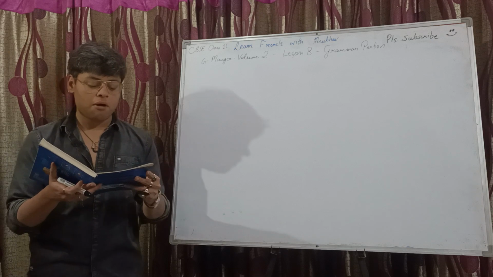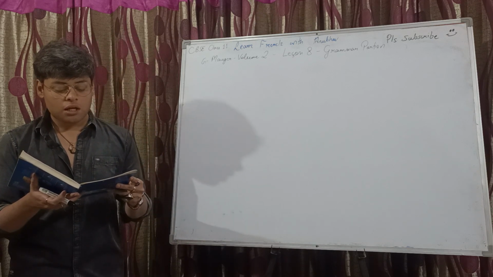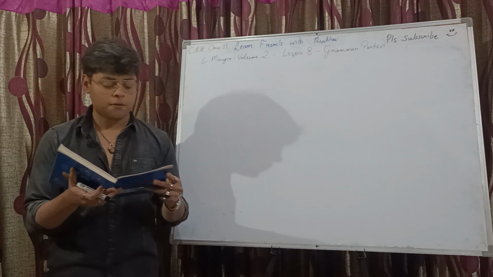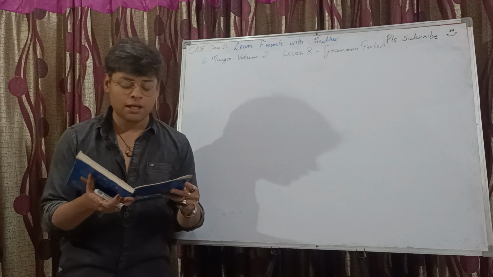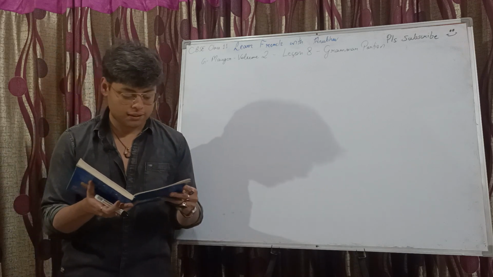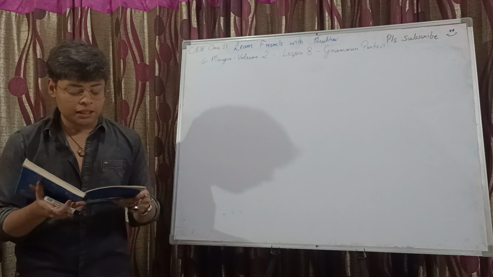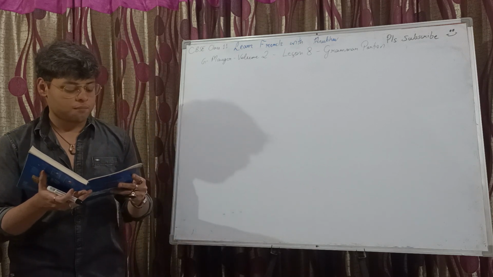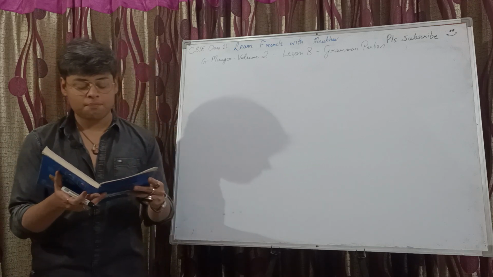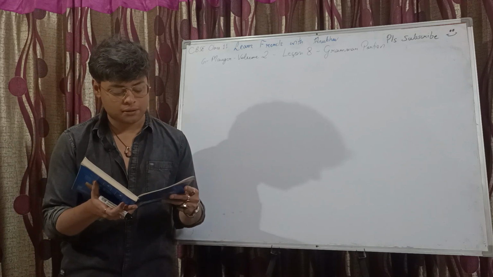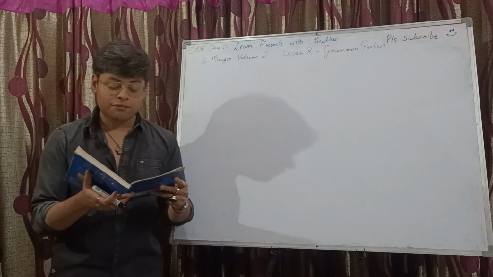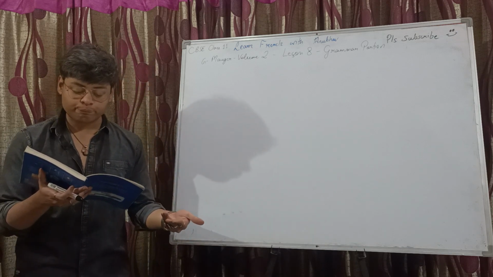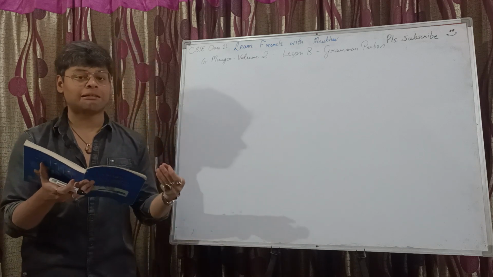Le subjonctif s'emploie sans être subordonné à un autre verbe, voir tableau, pour exprimer un ordre à la troisième personne et seulement à la troisième personne. So the subjunctive is used without being subordinate to another verb for expressing an order in the third person and only in the third person.